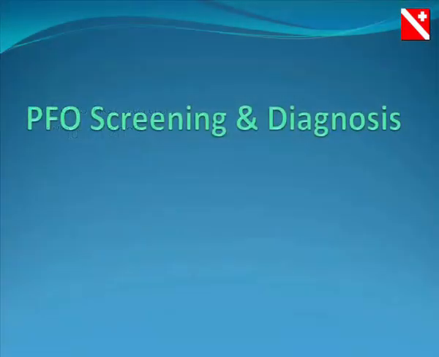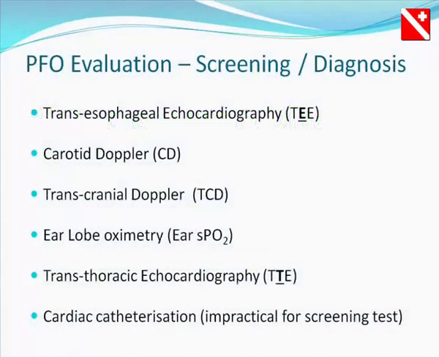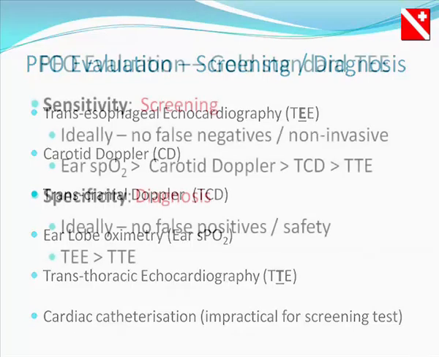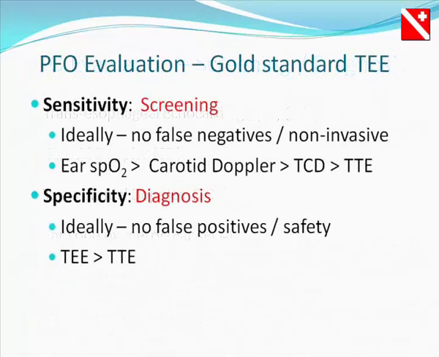So let's look at the screening and diagnostic components. And of course, there are all kinds of probes and devices that we can attach to people. And what I'll try to do is show you how it breaks out and which we might consider using under which circumstances. Now, Tyson very nicely illustrated the differences between the sensitivity and specificity in terms of either screening or making diagnoses.